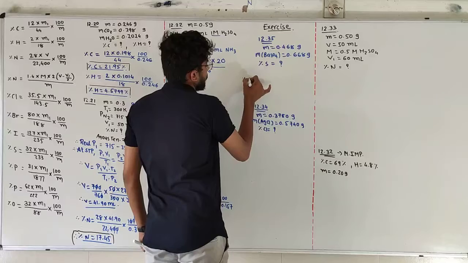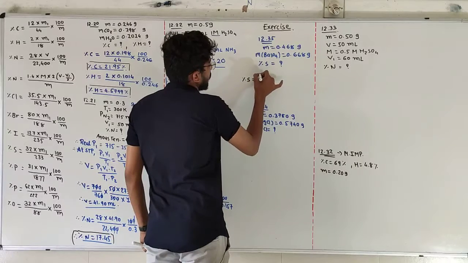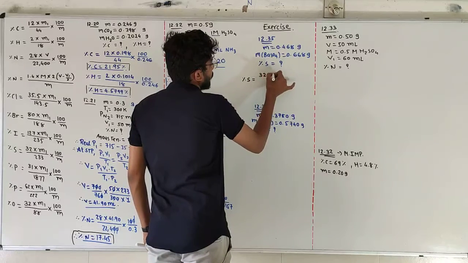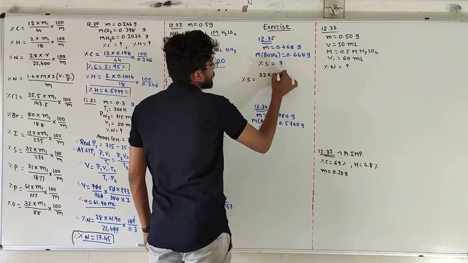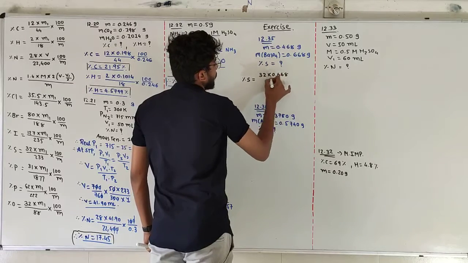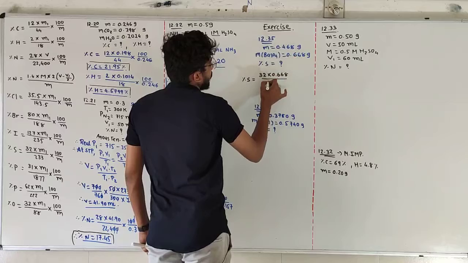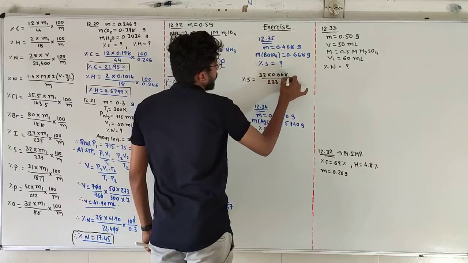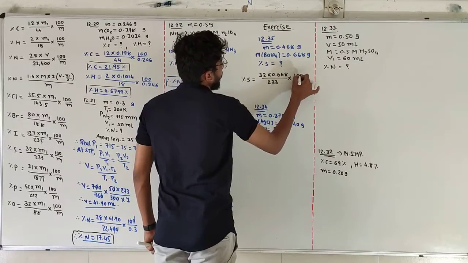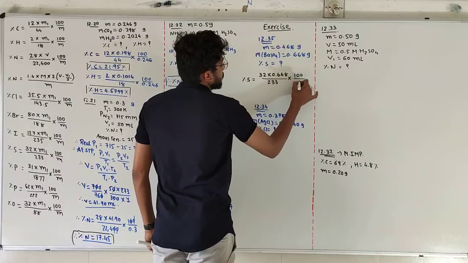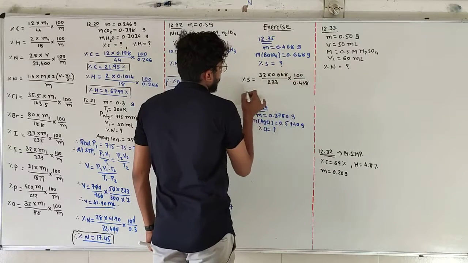So the percentage of sulfur will be equal to 32 into M1. M1 value is 0.668, divided by 233 into 100 by M. Value of M is 0.468.